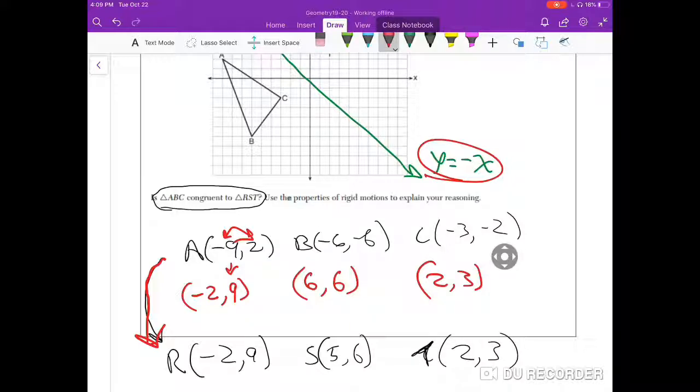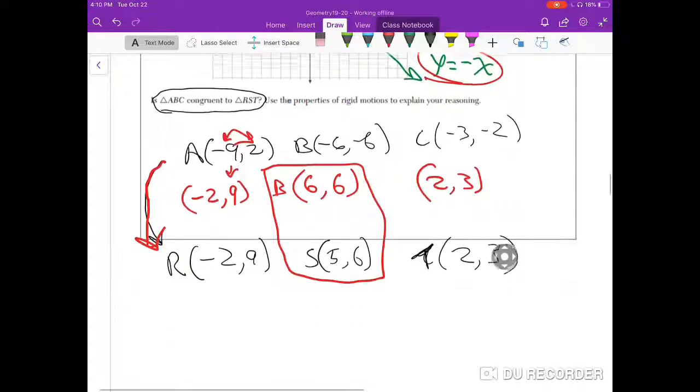So you should notice that there's a problem here with B and S. These 2 points do not line up under a rigid motion. So if all 3 of these points don't line up, then they're not congruent.